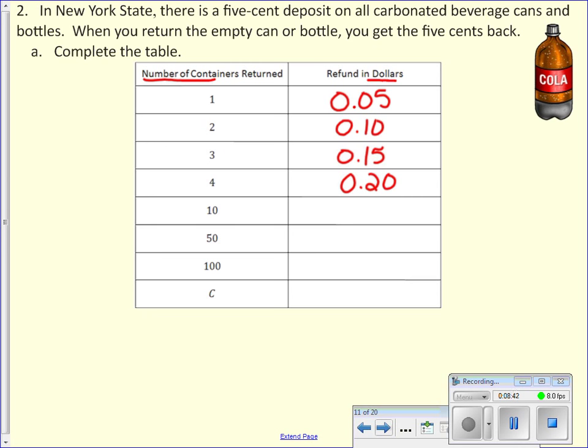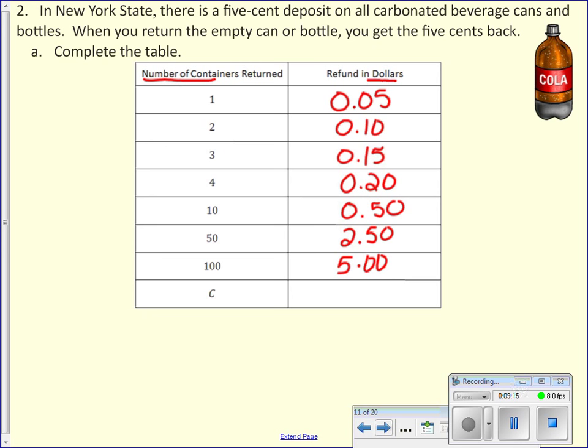So 10 cans would be 50 cents. 50 cans, you can go to your margin and multiply if you have to. $2.50. 100 cans, remember when you're multiplying by 100, we just move the decimal 2 places to the right. $5.